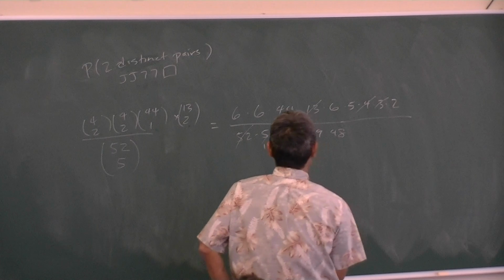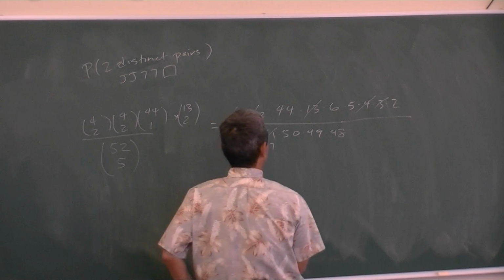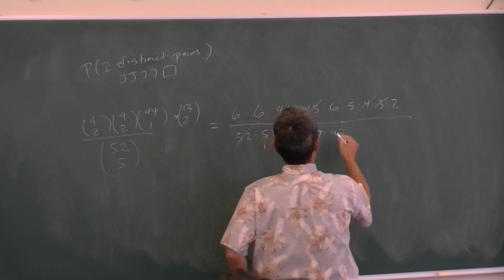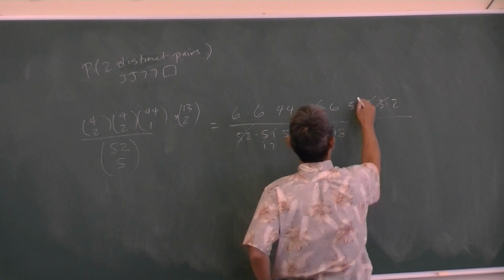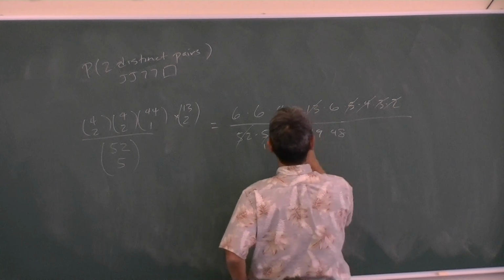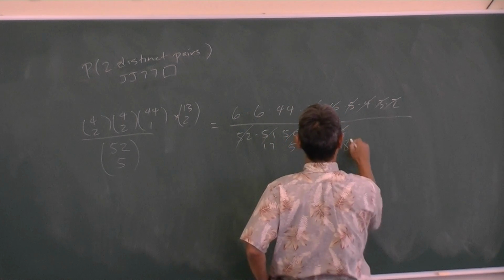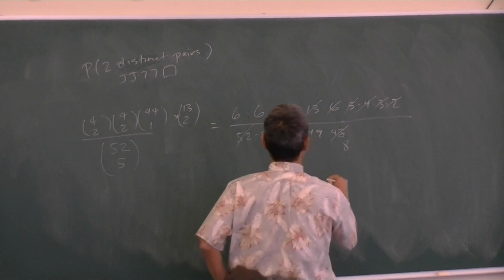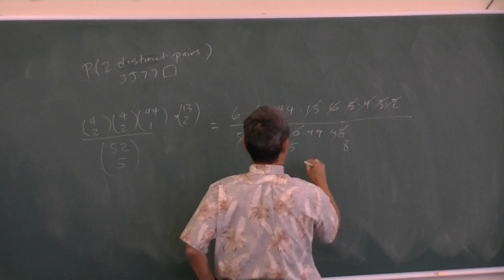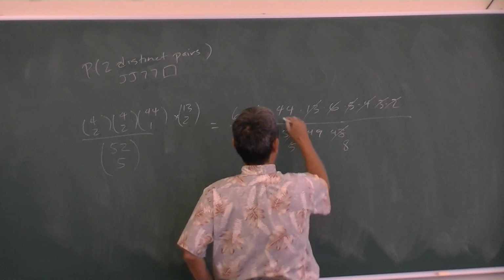Continuing on, what else can I do? 6 and 48. 5 and 2 is 10, goes into 55 times. 48 and 6. 6 goes into 48 8 times. 44 and 8. Divide by 4. Divide by 2.